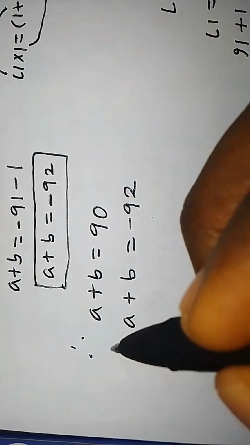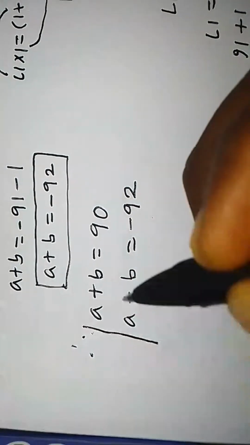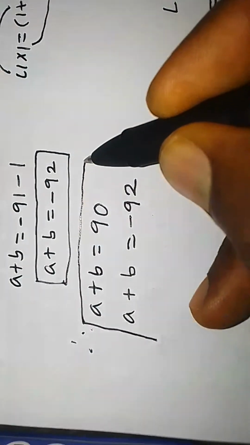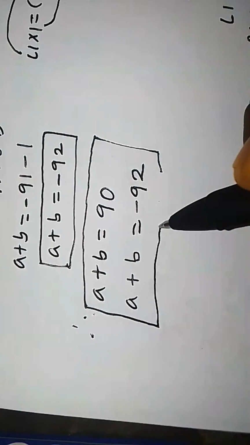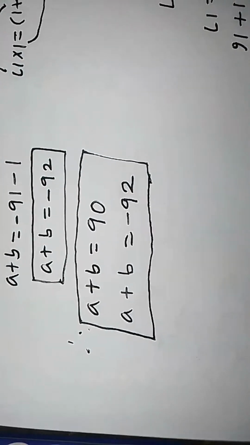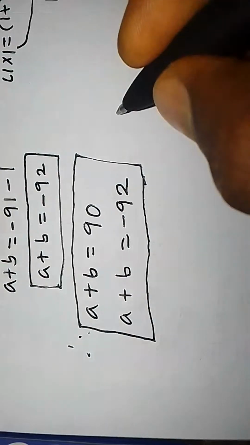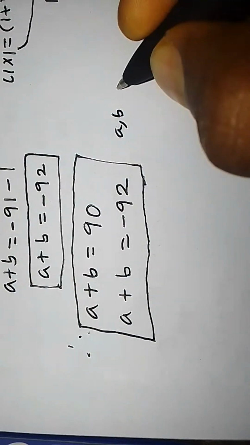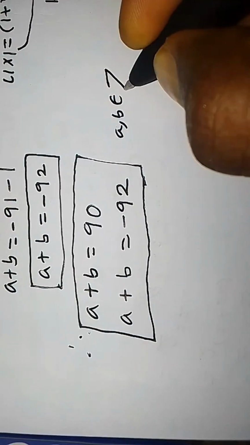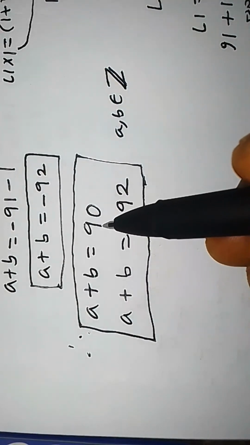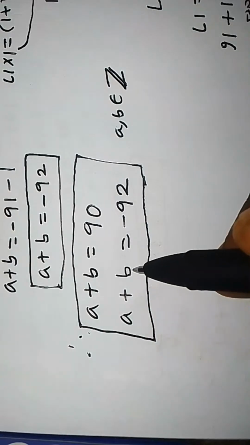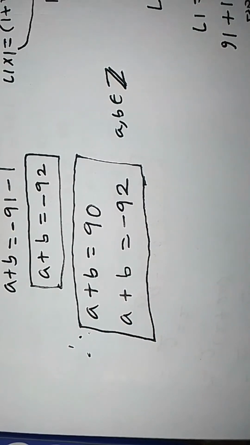You will see that we have two distinct solutions for this algebra problem. That is, when a and b belong to the set of integers, a plus b is equal to 90 or a plus b equals minus 92.